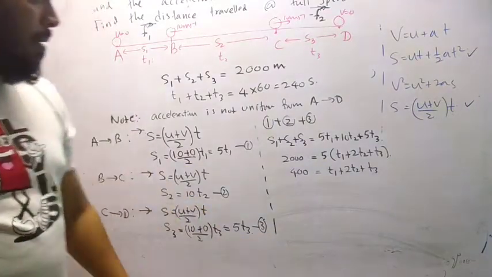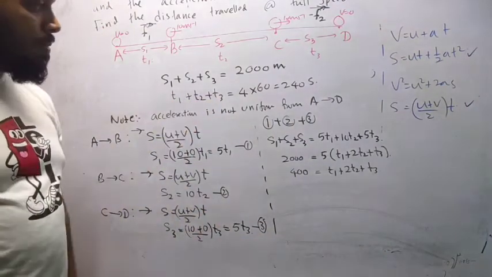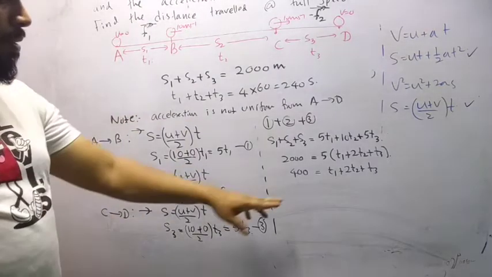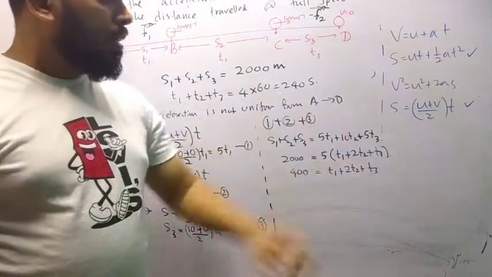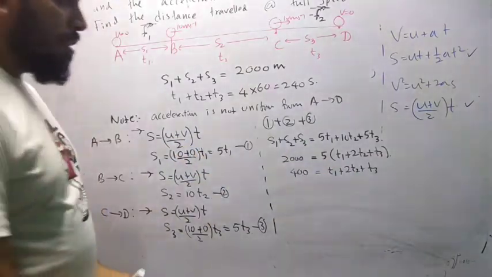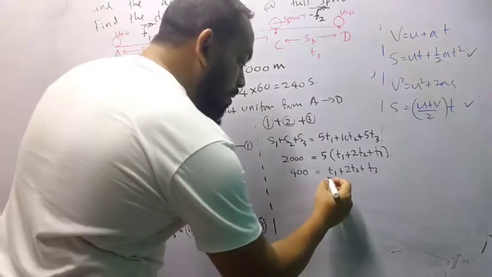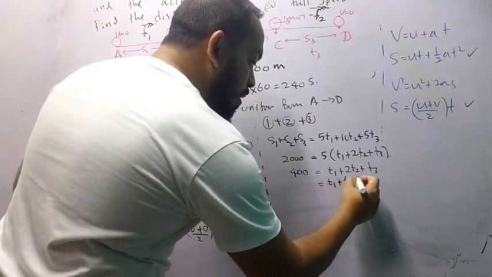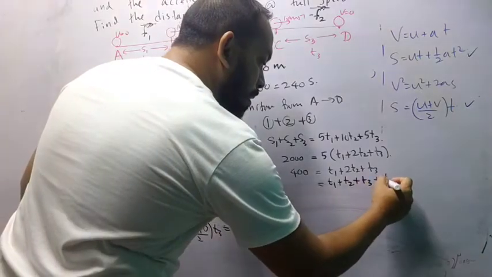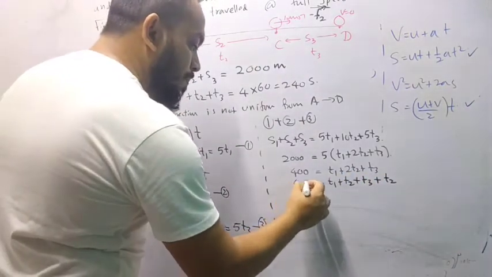Then we need to use the total time data as well. We have T1, T2, T3, and an additional T2. So I'm going to separate out this additional T2: T1 plus T2 plus T3 plus T2 equals 400.